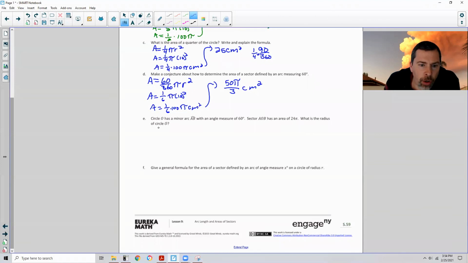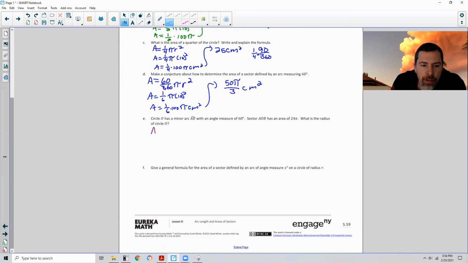Okay, circle O, part E. Circle O has a minor arc AB, with an angle measure of 60 degrees. The sector AOB has an area of 24 pi. What is the radius of the circle? Okay, so this is where it really becomes important for you to write formulas every time a question is asked and you substitute in the givens.